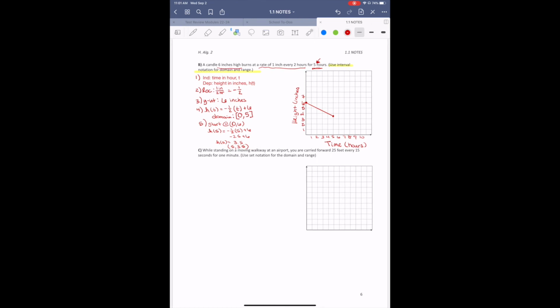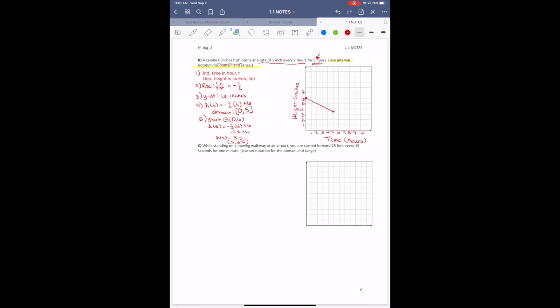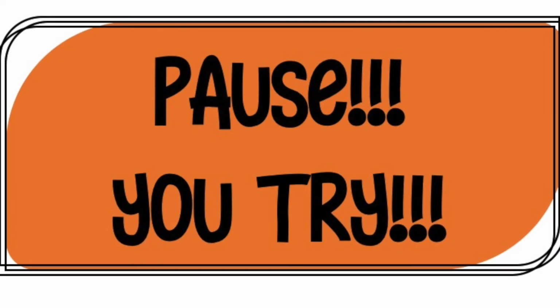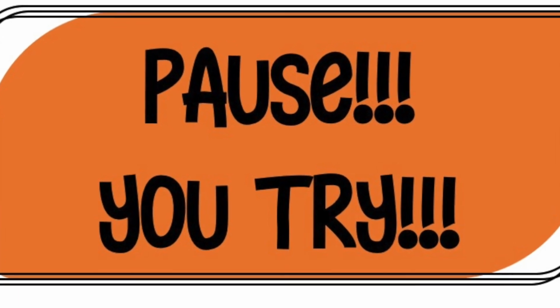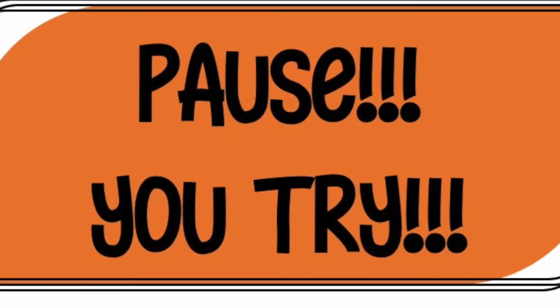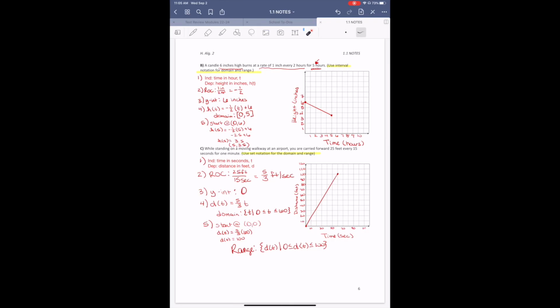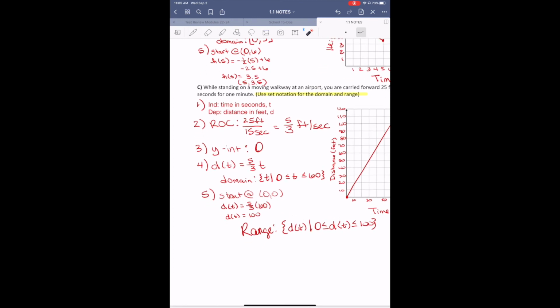All right, now go ahead and hit the pause button and try C. Come back when you have your answer and your graph. All right, this is what you should have for C. First of all, you should have identified that our independent variable is time and our dependent variable is distance, right?